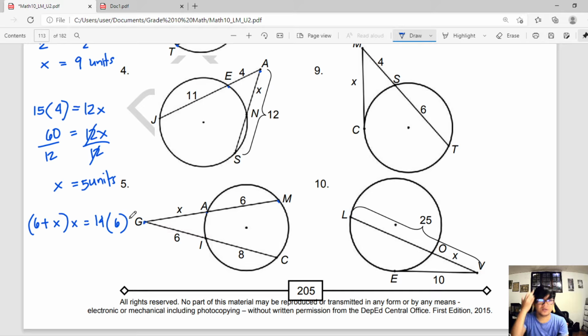So that will be the setup. If we simplify this using the distributive property, that is 6x plus x times x is x squared, equals 14 times 6, which is 84.